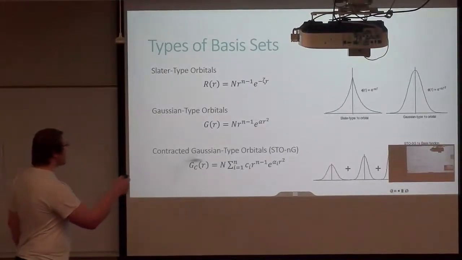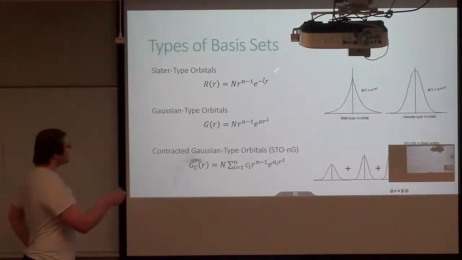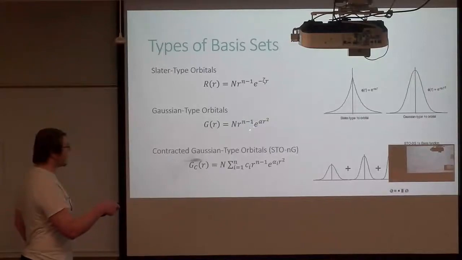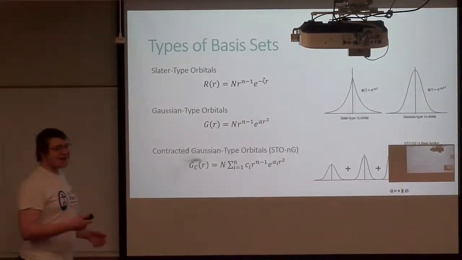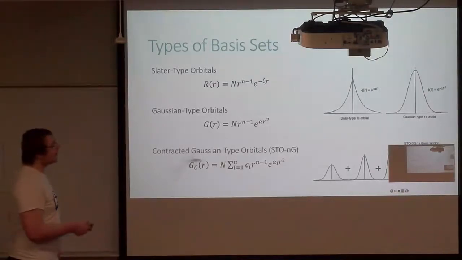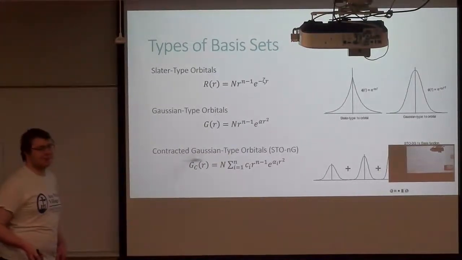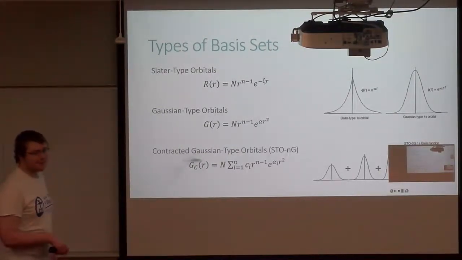So if we were to integrate these two functions, if we were to try to take the integral of e to the negative r compared to the integral of e to the negative r squared, that's a very well-known integral. Meanwhile, you can't actually take the integral directly of e to the negative r. Makes sense?